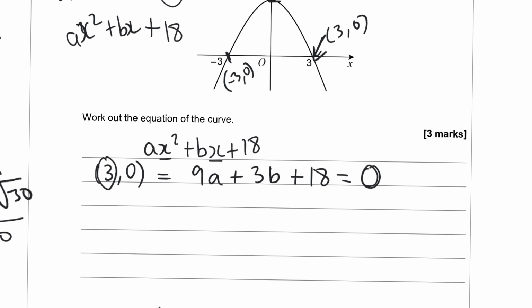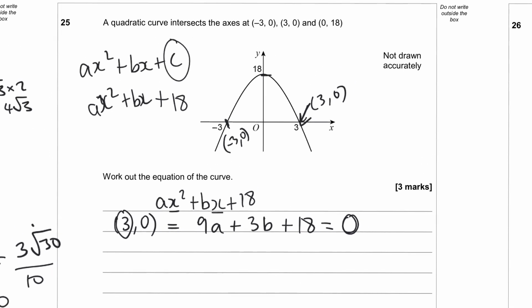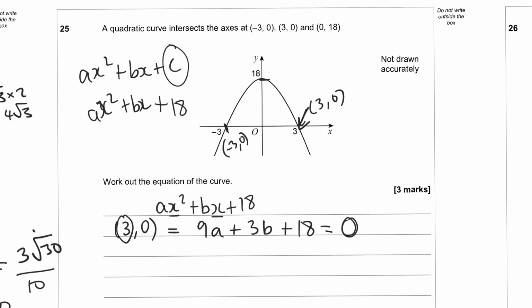Because it's equal to our y, then for the minus 3, 0, minus 3 squared will be positive 9 as well. So it'll be 9a, but this time minus 3b plus 18 is equal to 0.